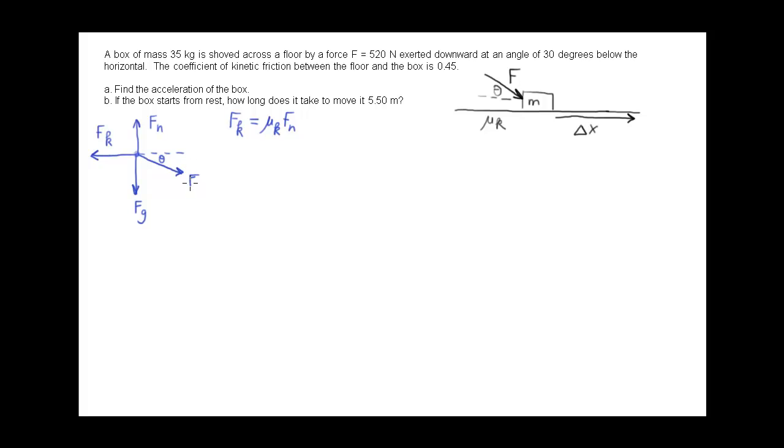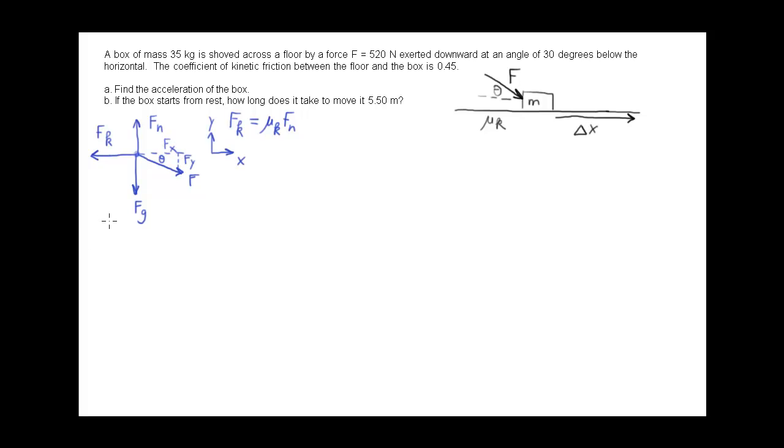Now this force F, downward at an angle of 30 degrees, then can be broken down into x and y components. But first, let's draw in our coordinate system, which is pretty obvious here. X horizontal, y vertical. And so we'll take that force F and draw a right triangle so that we can see it's got an x component and it's got a y component.